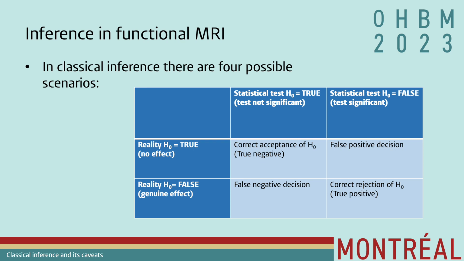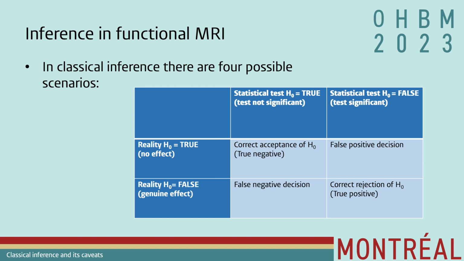In these cases, there are two ways that things can go wrong. One is that our statistical test says there's no significant difference between the conditions, and in reality there is an effect. In reality there is a difference, so the voxel is active, but our statistical test says that it's not. So basically our test is underpowered.